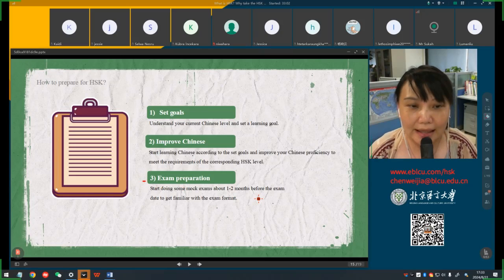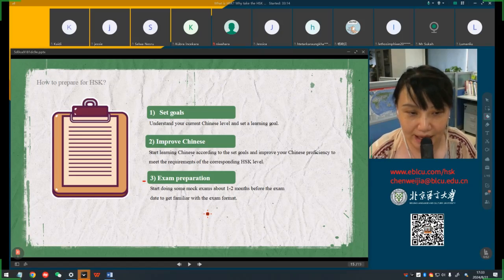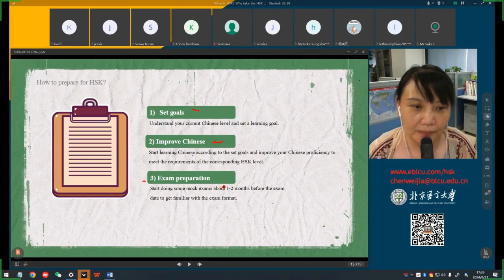And number 3 is the last part, exam preparation. So you can start doing some mock exams about 1 to 2 months before the exam date to get familiar with the exam format.